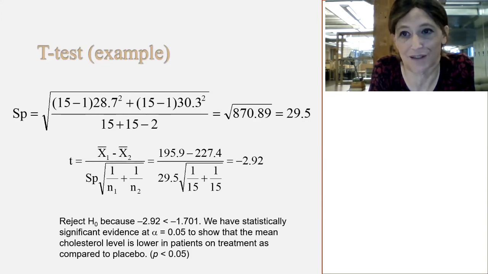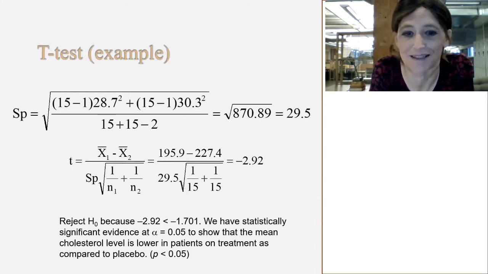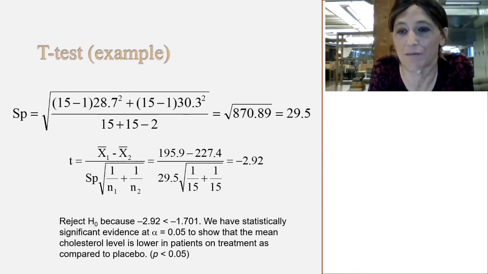Again, we can use a statistical software package that will allow us to just simply calculate the exact p-value for this test, which 99% of the time is what we will actually do in real statistics. But know that the important thing with the t distribution is to know that it really does depend on the sample size, whether the t statistic is going to be statistically significant or not when we calculate that value.